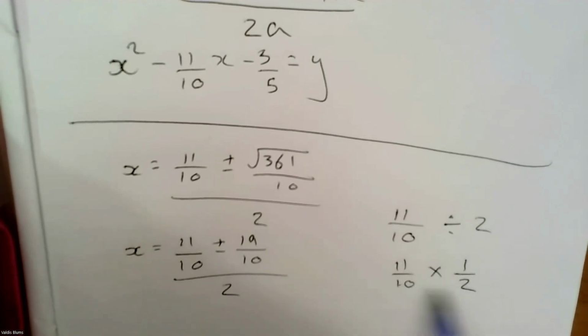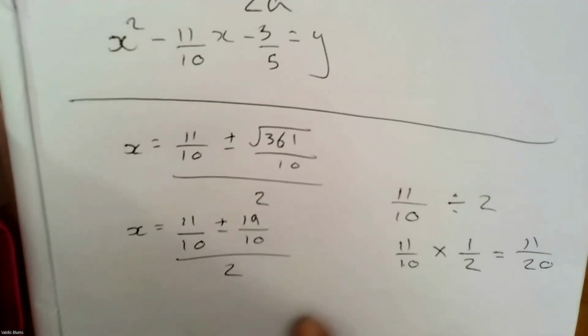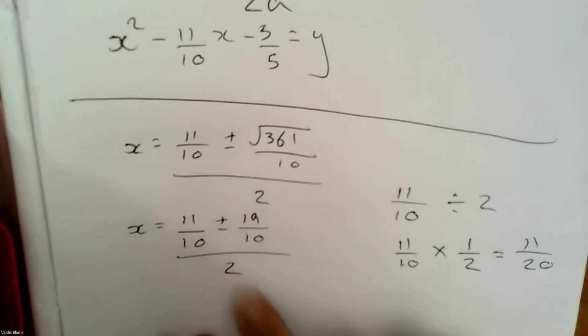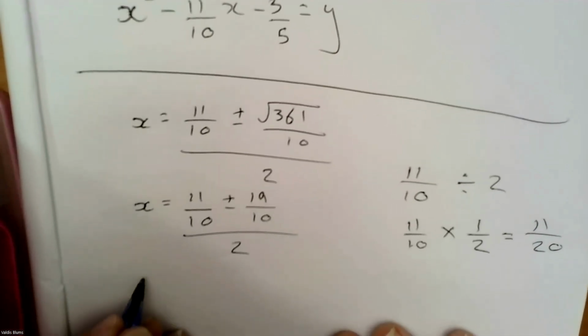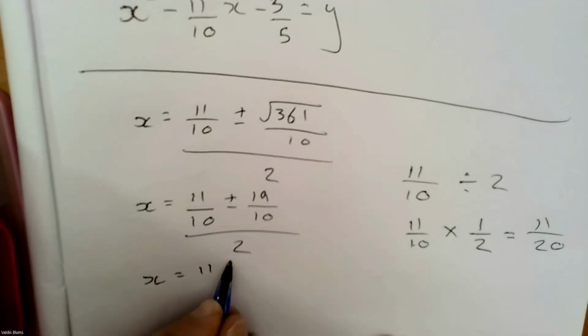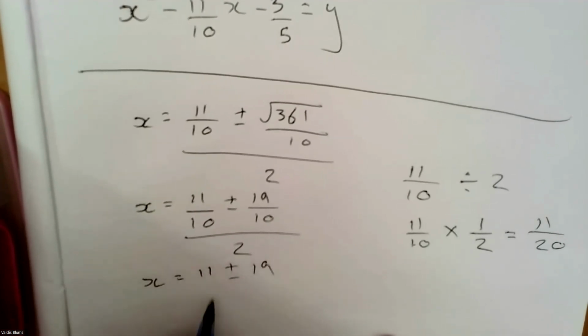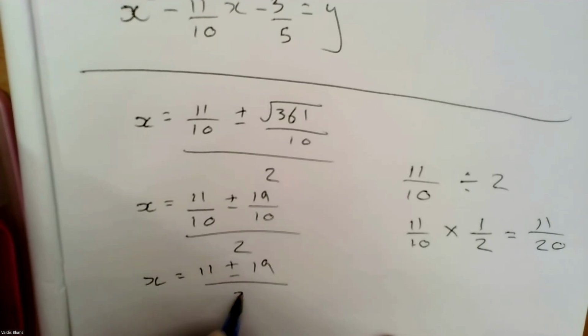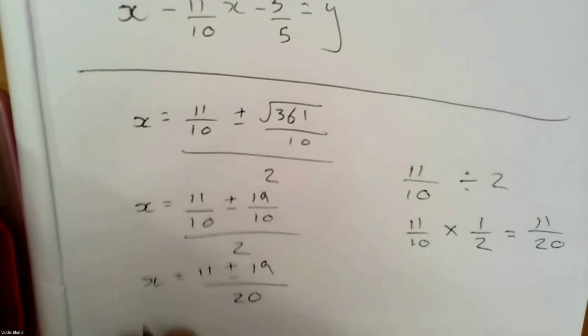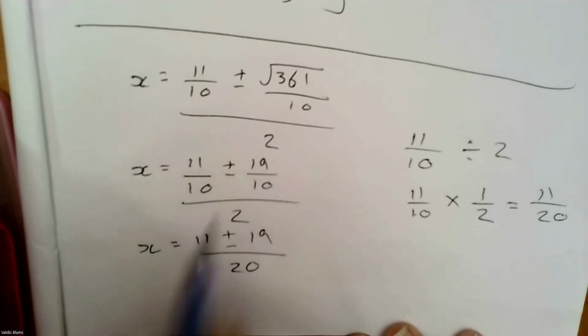So the denominators multiply, and we end up with 11 on 20. So what you can see is when you have something like this, 10 is at the same level as the 2. So x is equal to 11 plus minus 19, all on 20. So that 2 is brought together with both of those 10s because they had a common denominator.